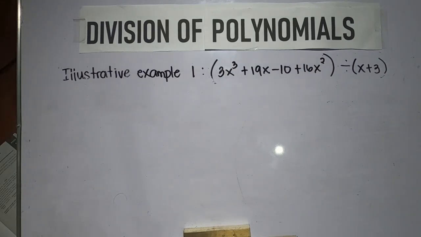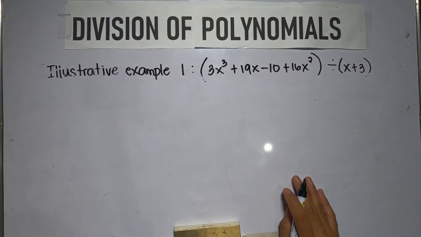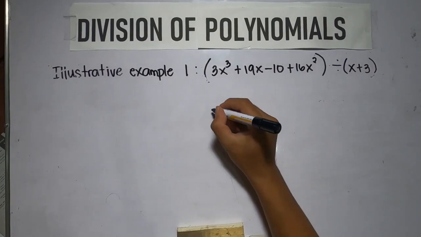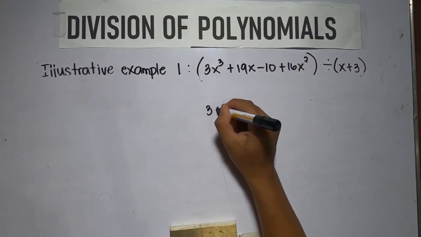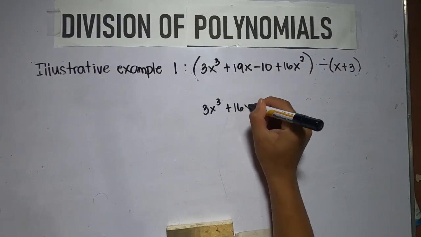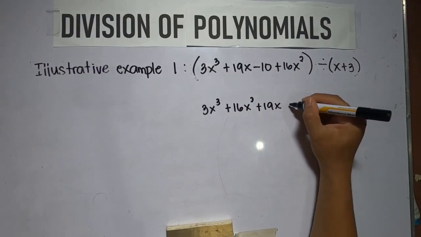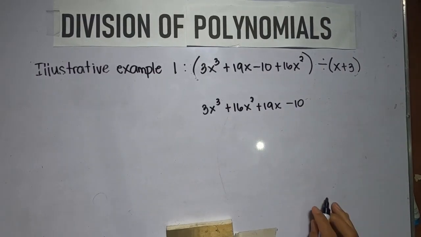So in order for us to do the first step, we will write the dividend in standard form. That is 3x cubed plus 16x squared plus 19x minus 10.